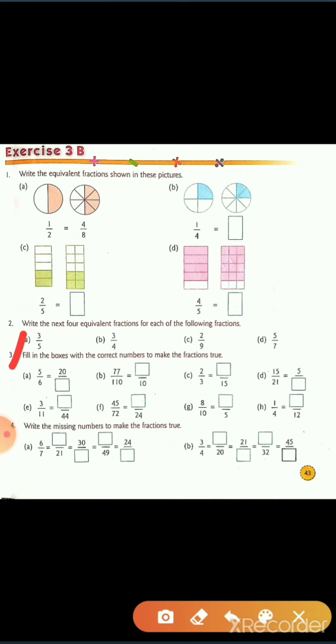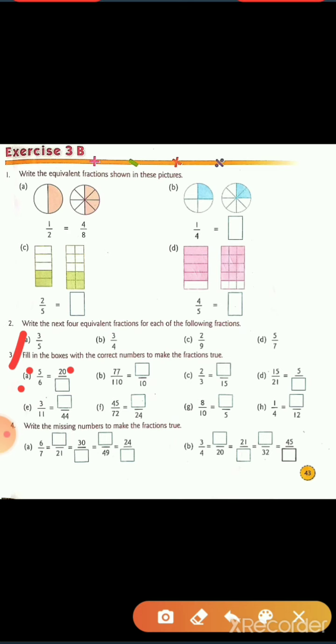So the first one, 5 by 6 is equal to 20 by dash. How will we get it? Here the numerator is 5, in the second fraction 20. That means there must be multiplication. If we do division, then we will get a lesser number, but here 20 is greater as compared to 5. So here multiplication is done.